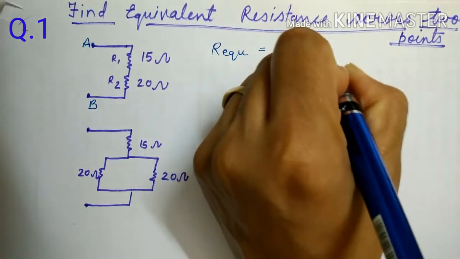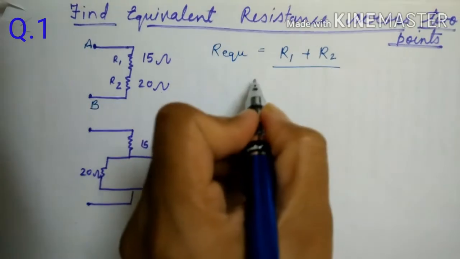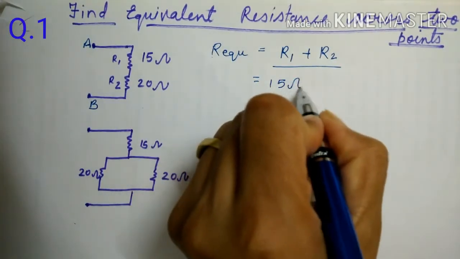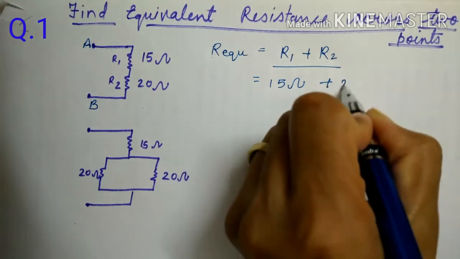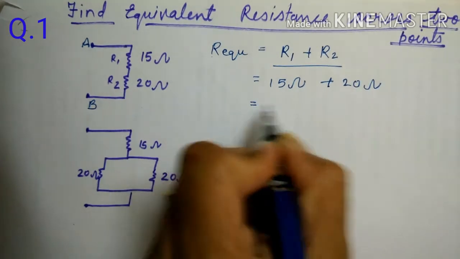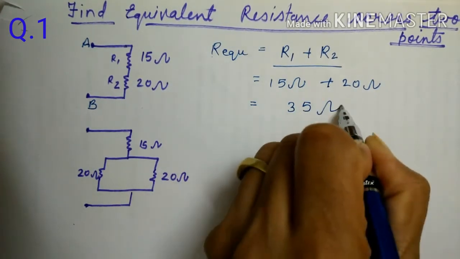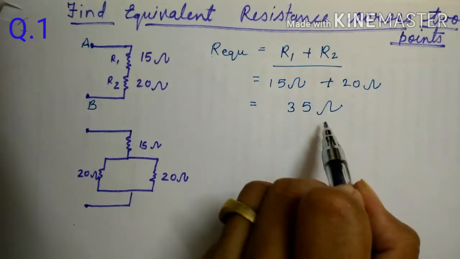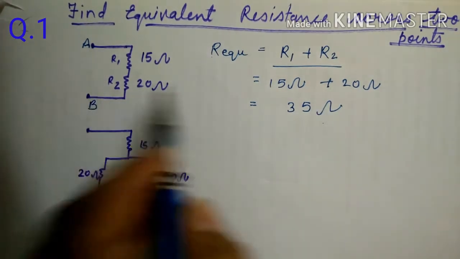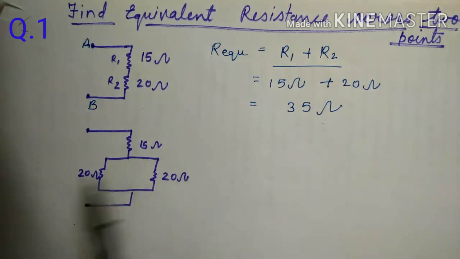R1 plus R2, this we know. So 15 ohm plus 20 ohm is 35 ohm. So the equivalent resistance across these two points is 35 ohm.